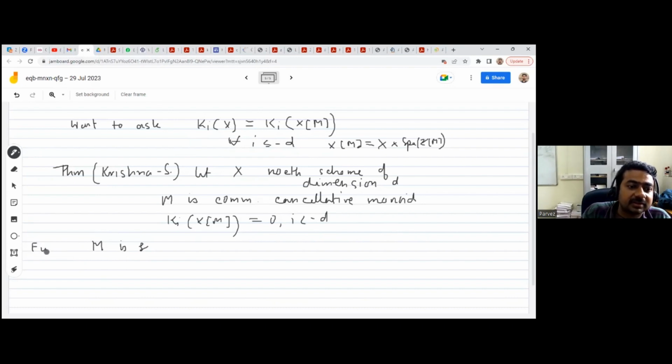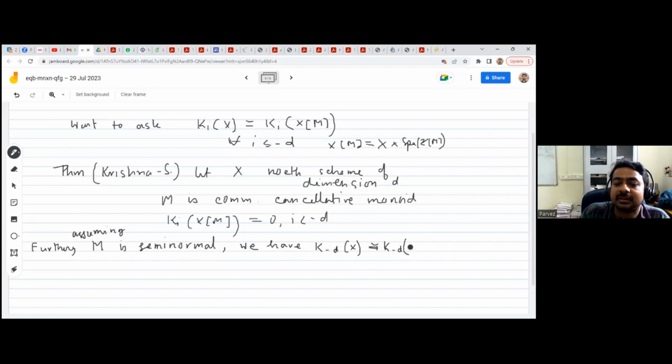So we should say further, assuming M is semi-normal, so we have this K_{-d} of X is isomorphic to K_{-d} of XM. Okay, so any questions so far?